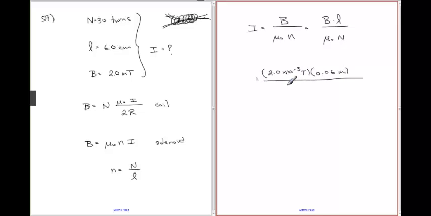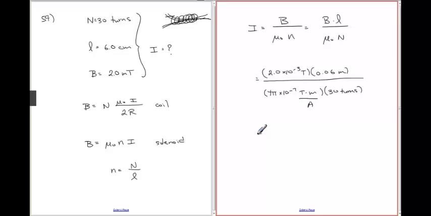We divide by mu 0, which I think was 4 pi times 10 to the minus 7 or something like that. Okay, yeah, so it's 4 pi times 10 to the minus 7 Tesla meters per amp. And we multiply by the number of turns, which is 30 turns, which don't have units, it's just a number.